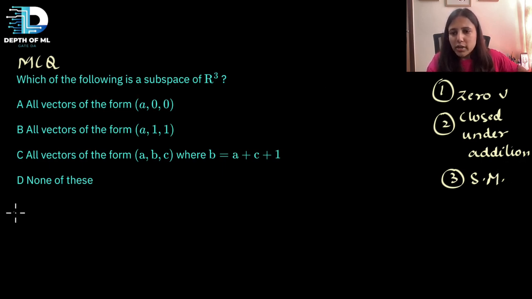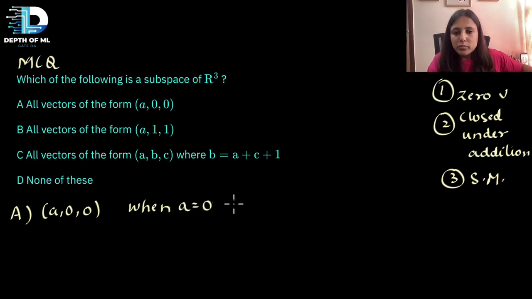Okay, so let's check option A. We have (a, 0, 0). When a is equal to 0, it implies (0, 0, 0), which belongs to this vector space. Let's call this A. So this belongs to A. Therefore this condition is satisfied. Now let's talk about closed under addition.